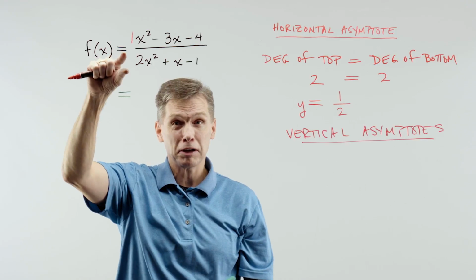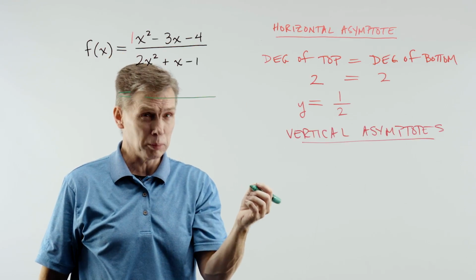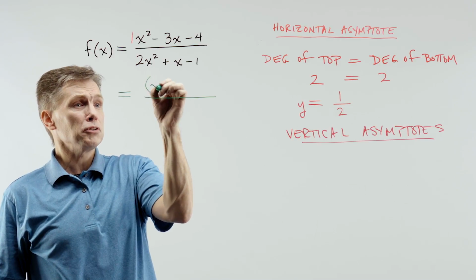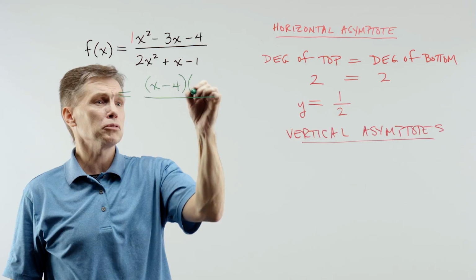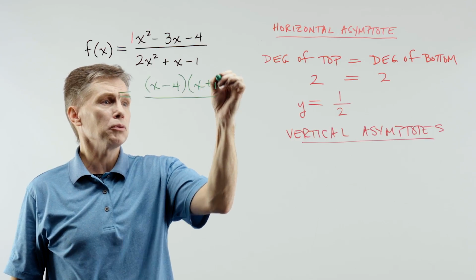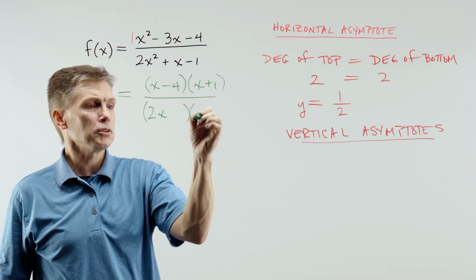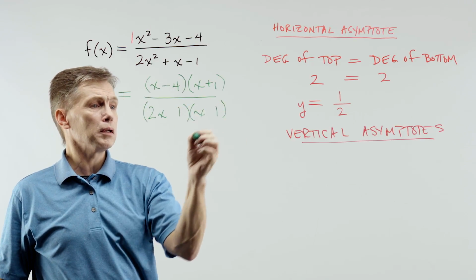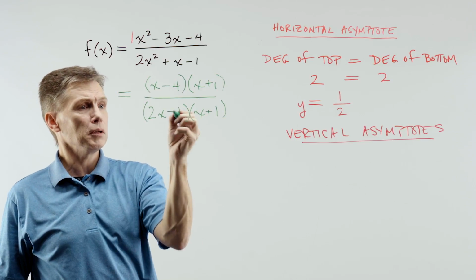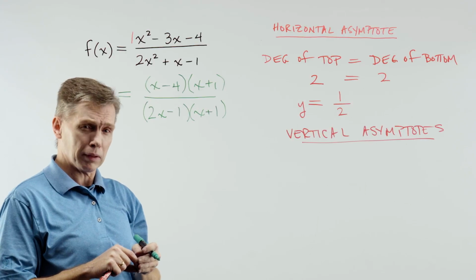Factor the top, factor the bottom. Each of these is a nice quadratic trinomial, which factors pretty friendly, I think. x minus 4, x plus 1. And then the denominator, 2x, x, and I think we're getting a 1 and a 1, plus and minus. Double checking by FOILing, but that looks good.